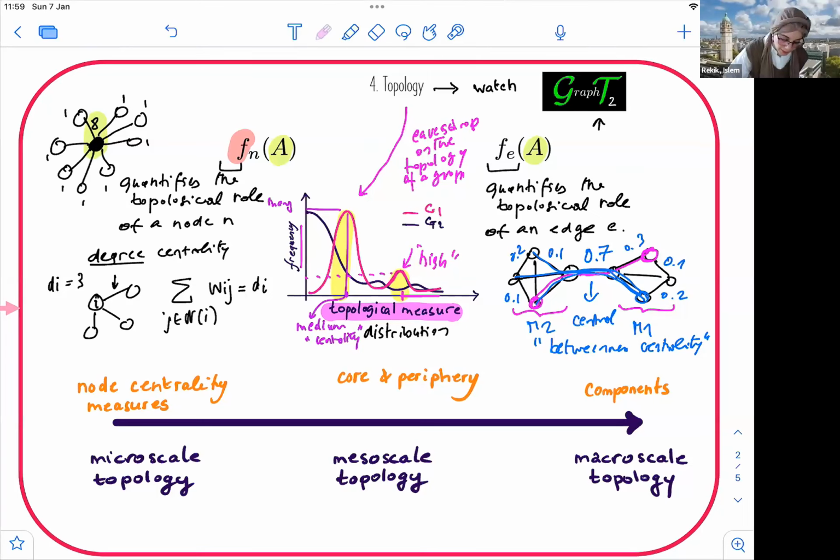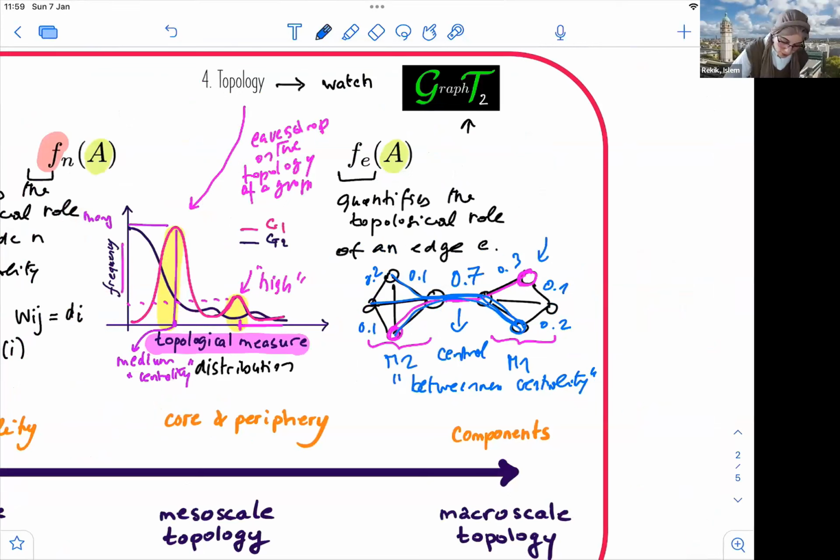For example, if I plot the edge centrality distribution of this graph, I want you to imagine that with me. Here we have the frequency, and you can see that for 0.1 and 0.2 you have a lot of edges with these values.